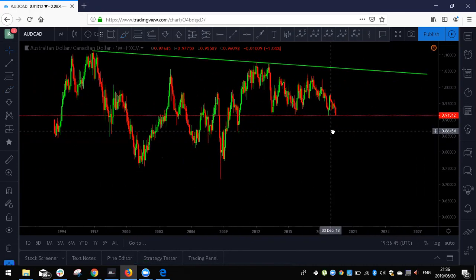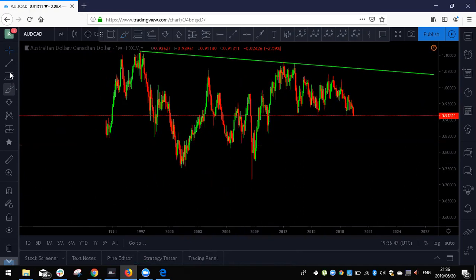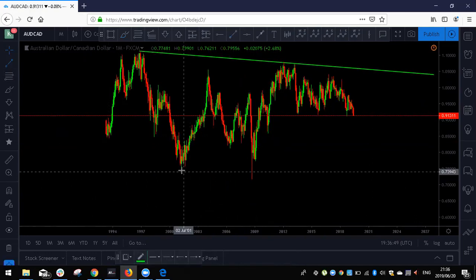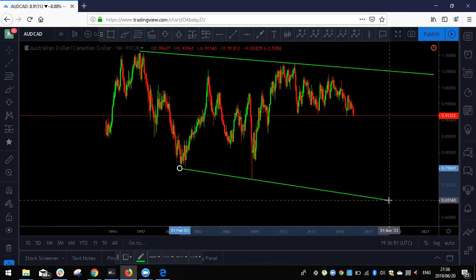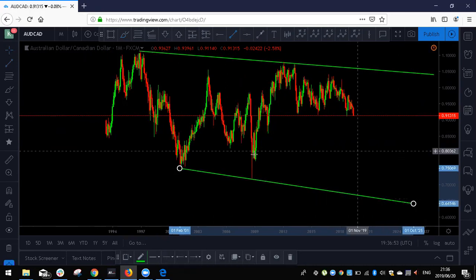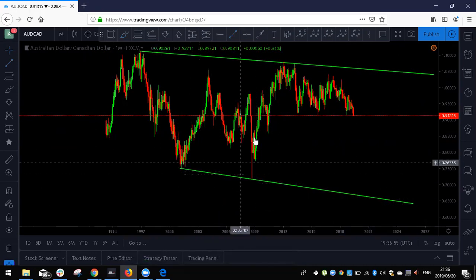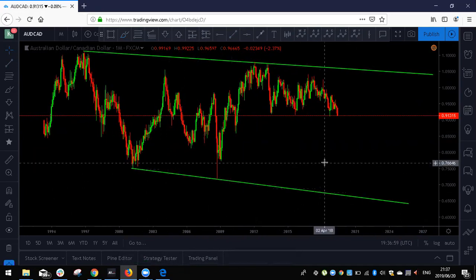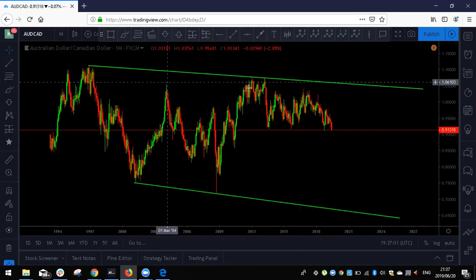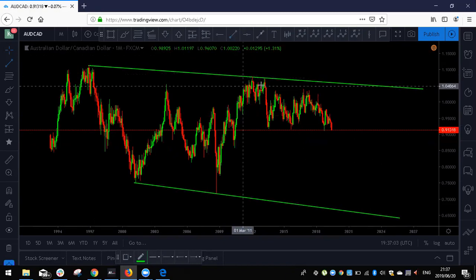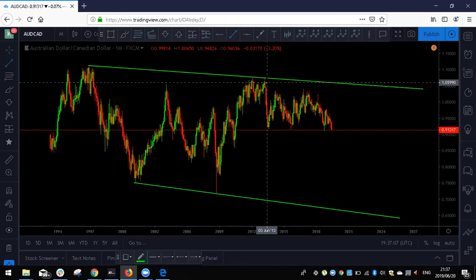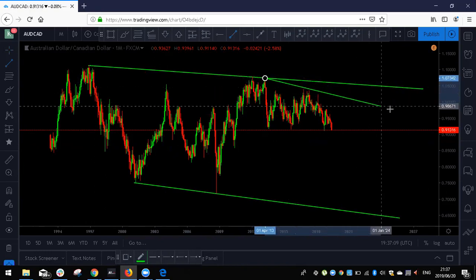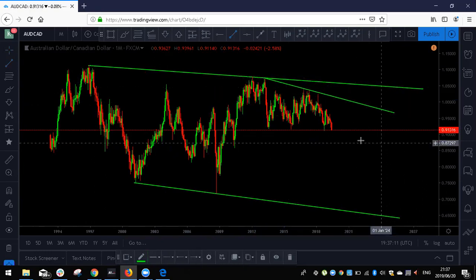Okay, this is a useless trend line, but I'm going to draw it anyway. No matter how long the wick is, you still should draw it like that. Then usually on the last touch, you join another trend line like this.